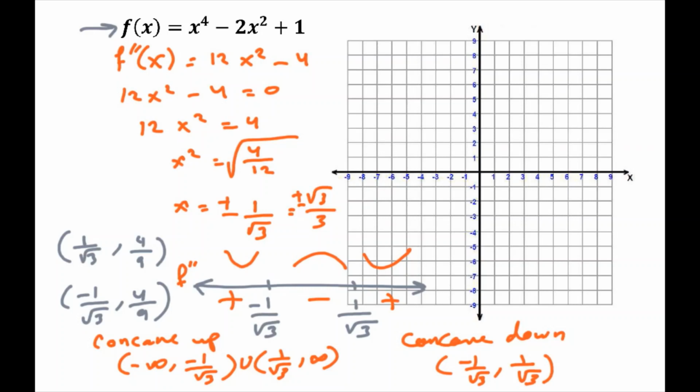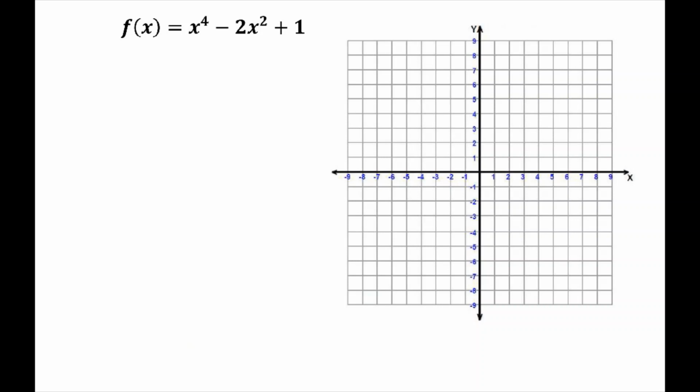So now let's put things together. So I do have negative 1, negative 1 over square root of 3, 0, and 1 over square root of 3, and finally let me redo it.